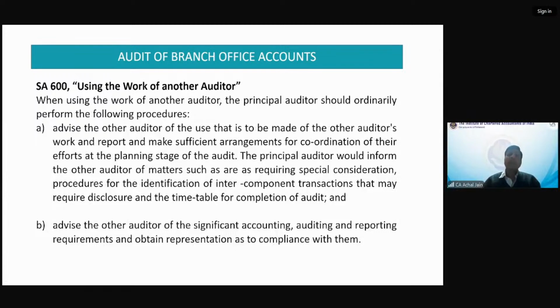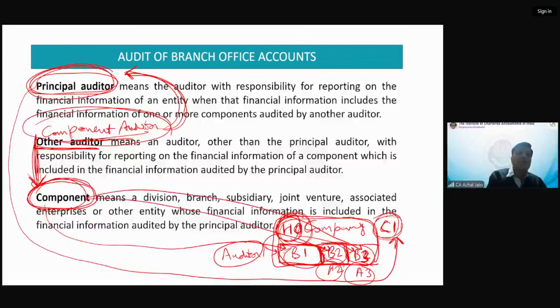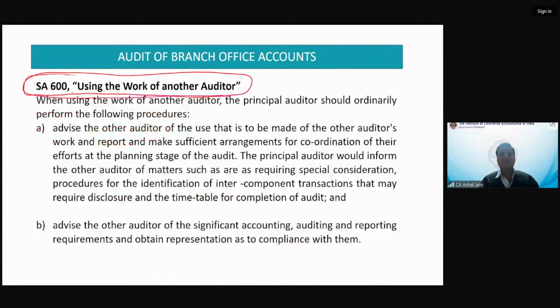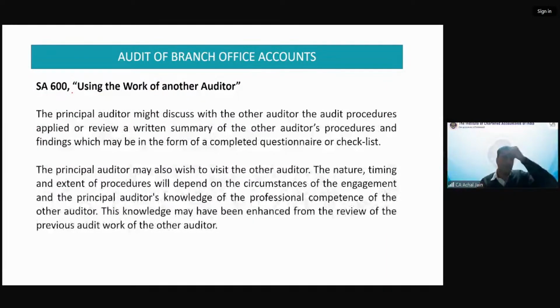And for this, the relevant auditing standard is SA 600. Using the work of another auditor means the principal auditor is using the work of the component auditor. So who is using the work? The principal auditor. Whose work is being used? The component auditor.